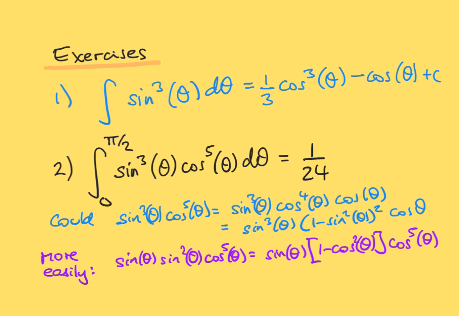And you see that this way we get 2 integrals. We're going to get the integral of sine theta times cos to the 5th theta minus the integral of sine theta times cos to the 7th theta. So that's 2 integrals that we can perform by inspection.